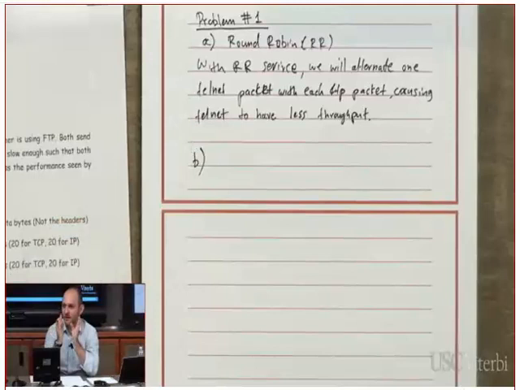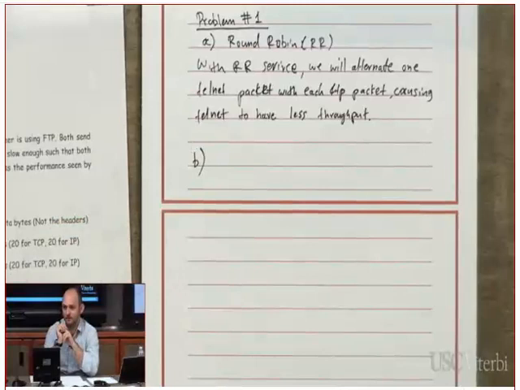How many FTP packets correspond to one Telnet packet? What do we need to do? We need to sum all the packet headers and payloads and divide, right? There are about how many? 512 plus 40 is 552, and Telnet is 41 total.